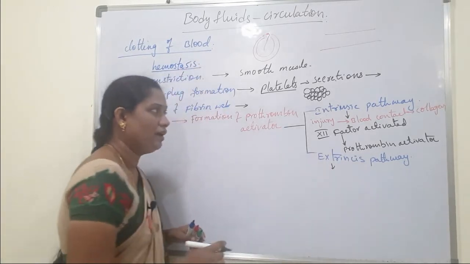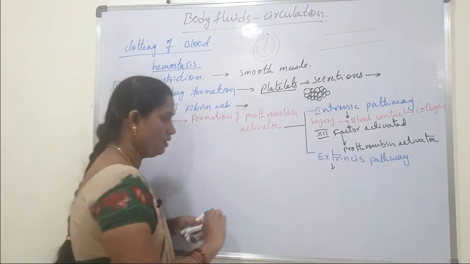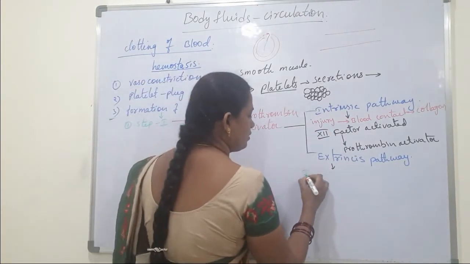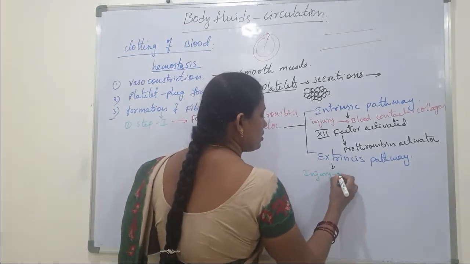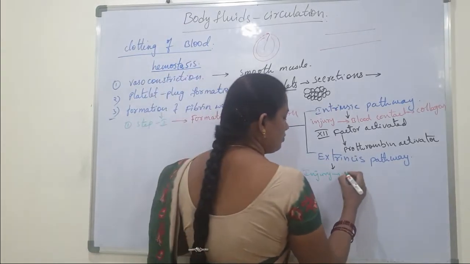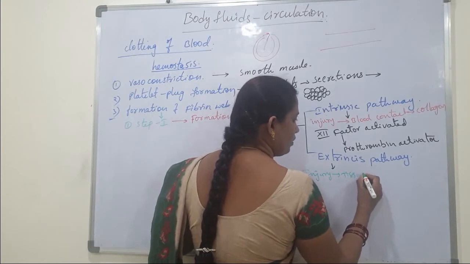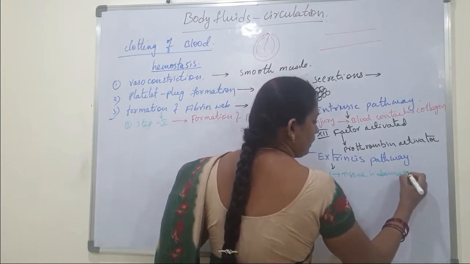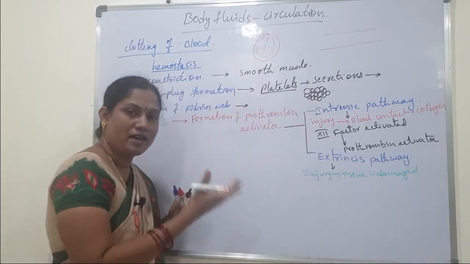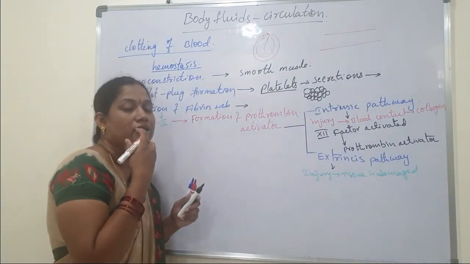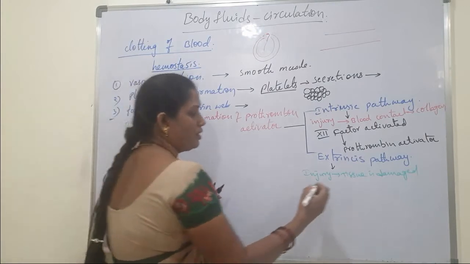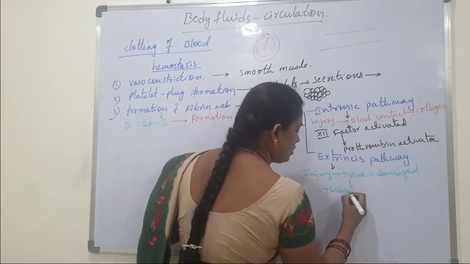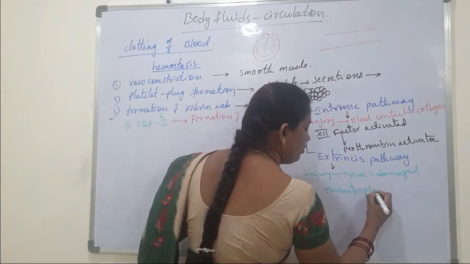Next, the extrinsic pathway. Here also injury takes place. If the tissue nearby the blood vessel is also damaged, this tissue secretes thromboplastin.